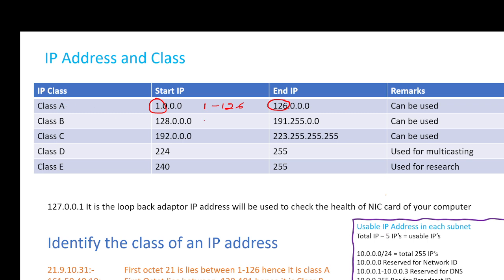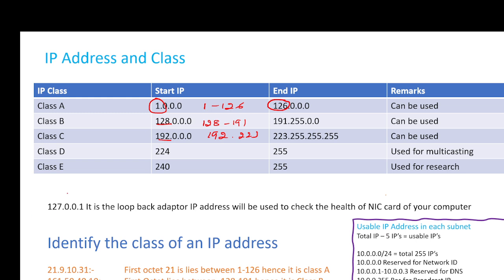And class B is 128 to 191, and class C is 192 to 223. You have to look only at the first number here. If it varies between 128 to 191, yes, this is class B. 192, yes, 192 is between 192 and 223, so this is class C. Like that, you have to identify and understand the class of the IP address.